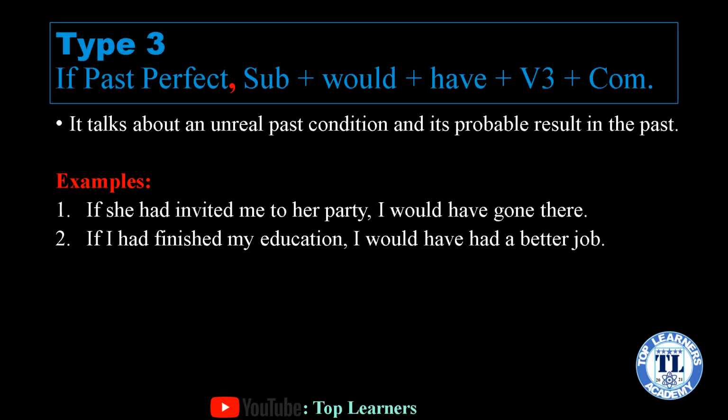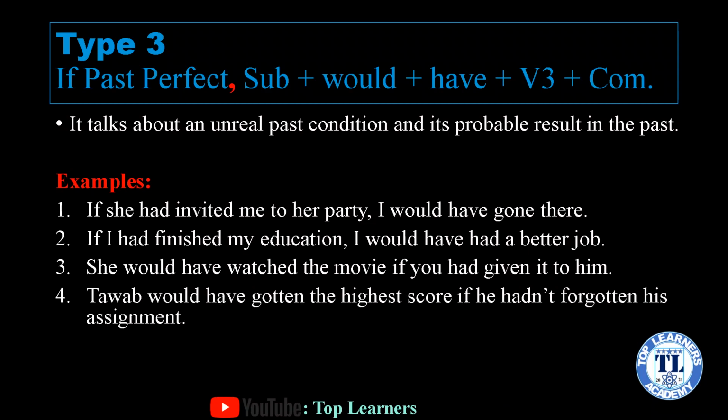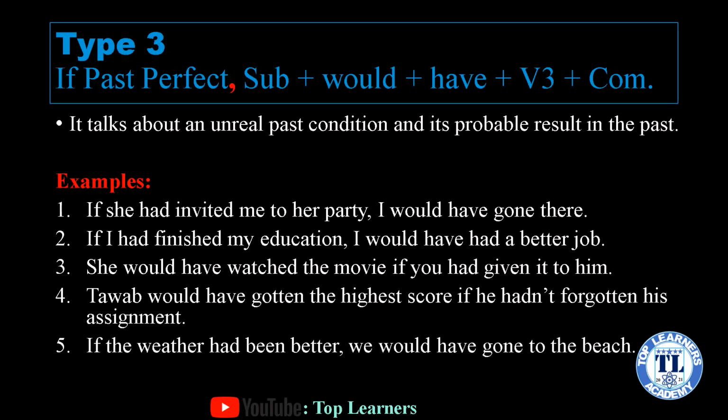If I had finished my education, I would have had a better job. She would have watched the movie if you had given it to him. Tawab would have gotten the highest score if he hadn't forgotten his assignment. If the weather had been better, we would have gone to the beach.